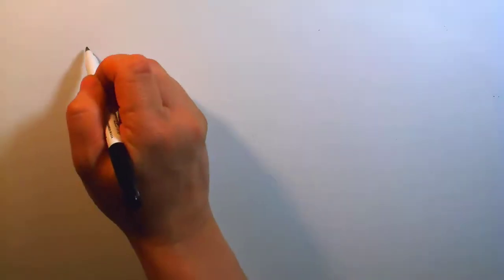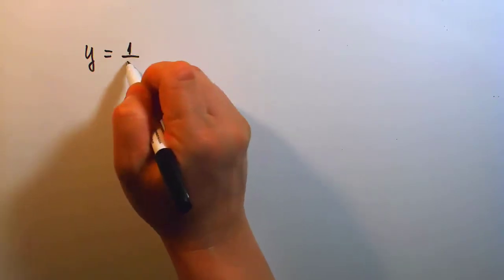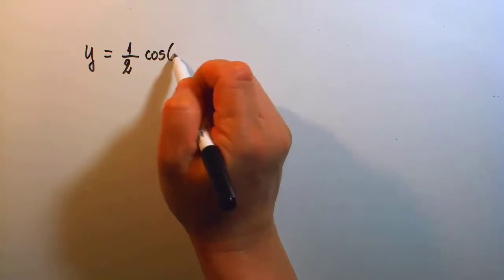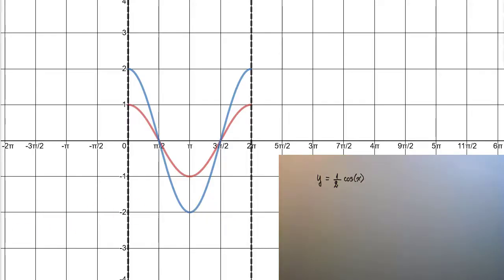I'm going to do another little animation to bring our graph in blue to land at this function 1/2 cosine of x. So with my decimal graphing calculator, I am now going to animate by bringing my m values differently.